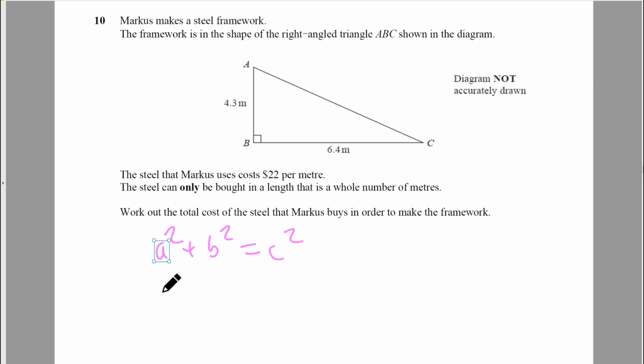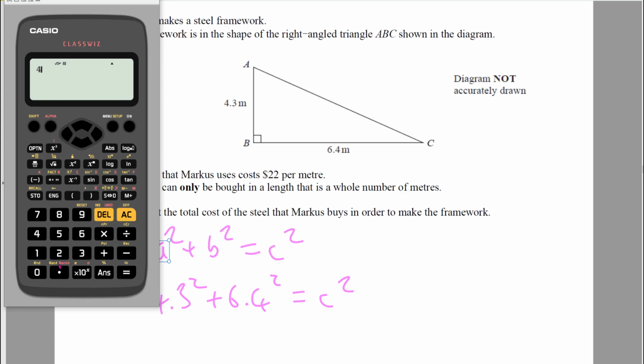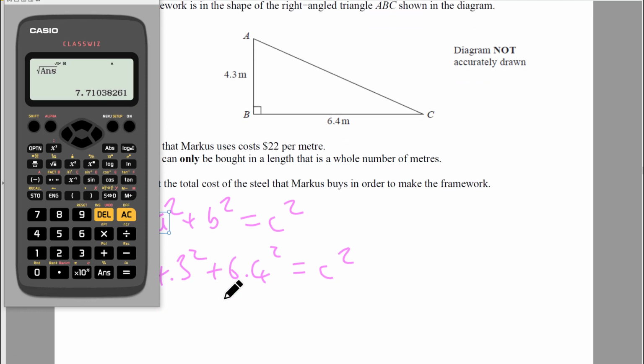C squared is the longest side, so we just do 4.3 squared add 6.4 squared is going to equal c squared, and we're going to square root at the end. Square root that answer, 7.71.